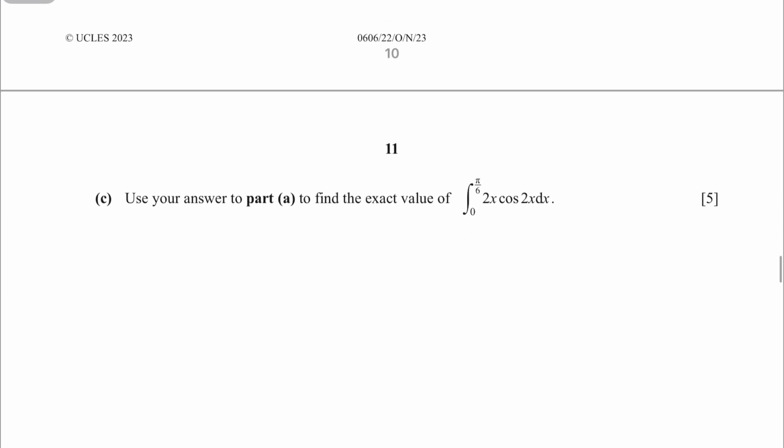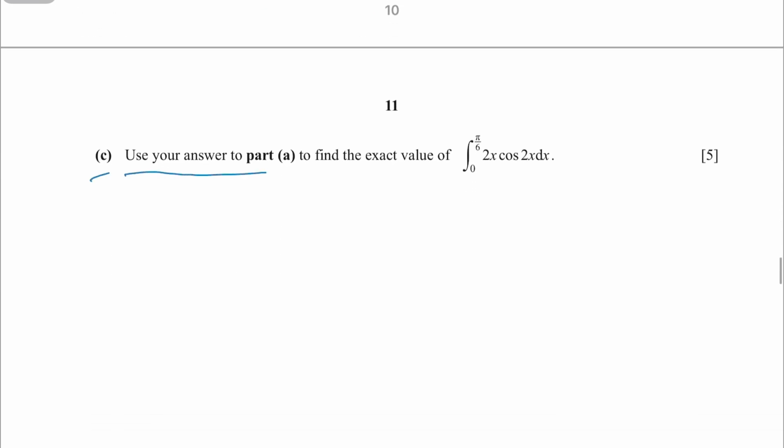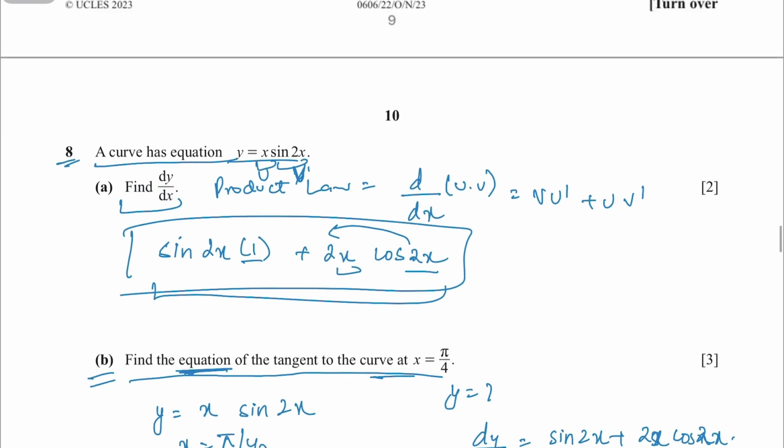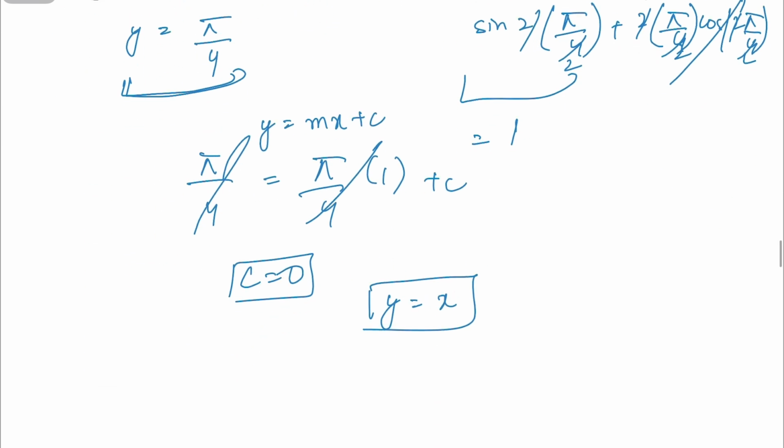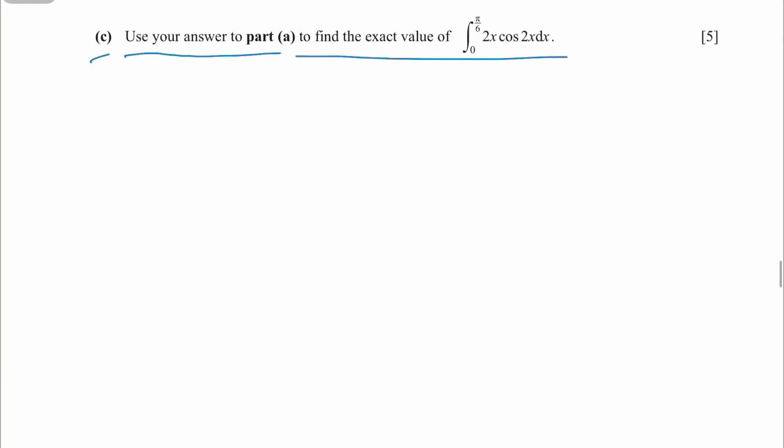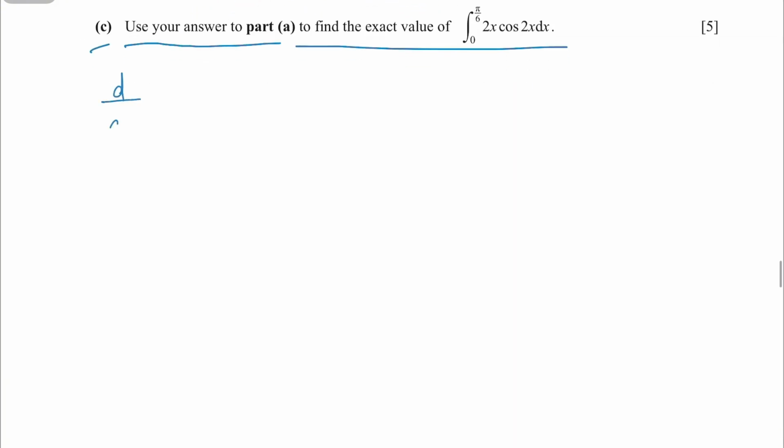Alright. Now moving on to part C, which is to use your answer to part A to find the exact value of this. Now to know what was written in part A, let's just move back. So this was our part A. When we calculated the differentiation of x sine 2x, we got our answer as sine 2x plus 2x cos 2x.